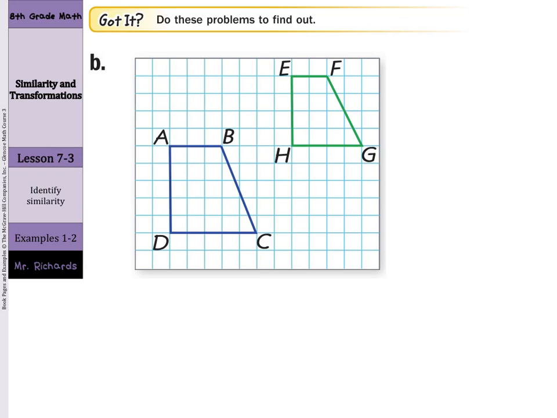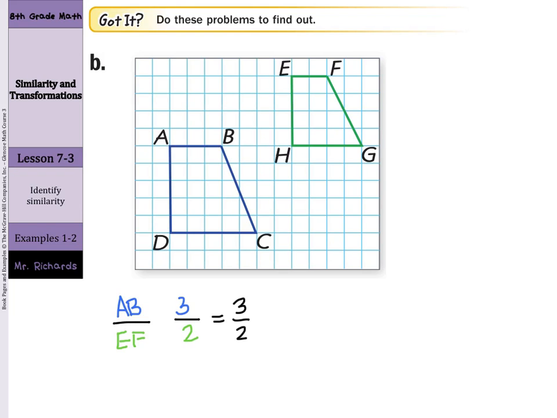So if we compare first the length of AB to the length of EF, AB is 1, 2, 3 units long, compared to EF, which is 1, 2 units long, and that just simplifies to 3 halves.